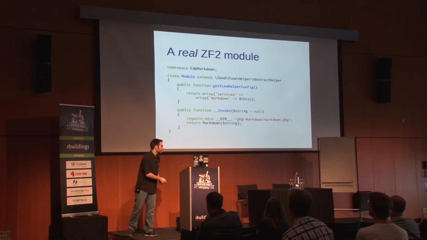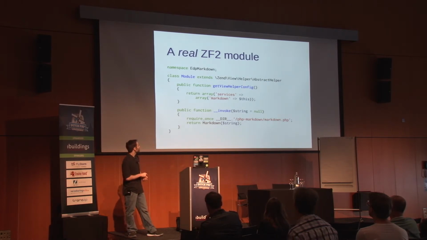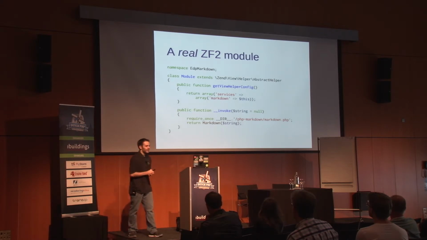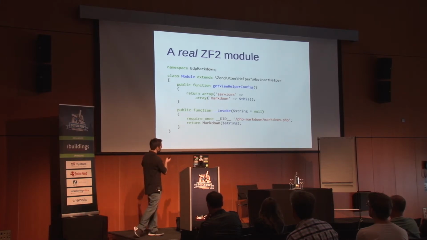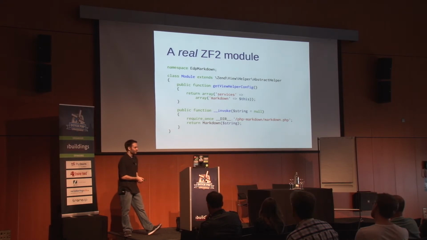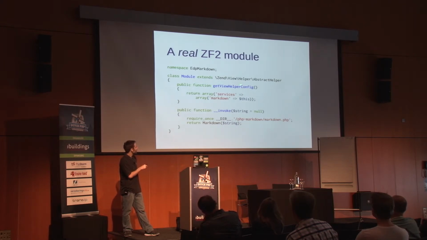It's EDP Markdown, that module name I was talking about. And in this case, I've actually kind of hacked the concept of this module class by making the module class itself a view helper. It's just extending the abstract view helper class. I'm not going to necessarily say that's best practice, but it's really cool and it fits on a slide. So it works in this case. And all it does is it has this function getViewHelperConfig.